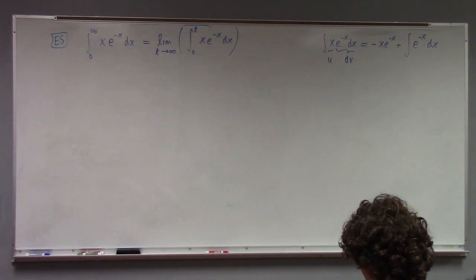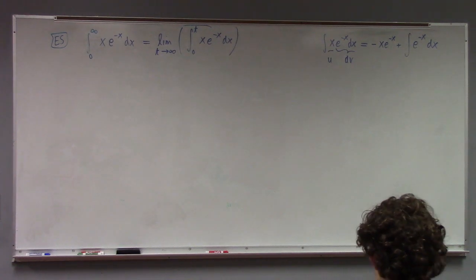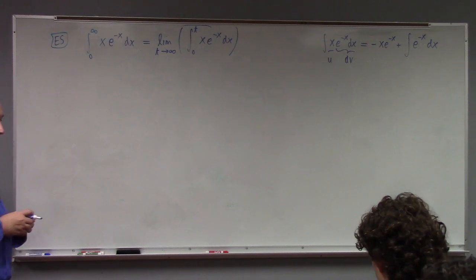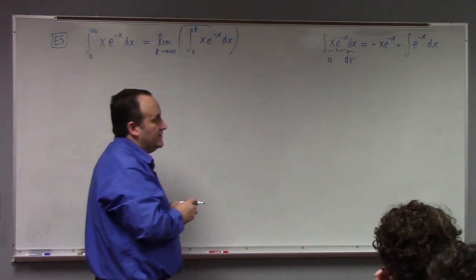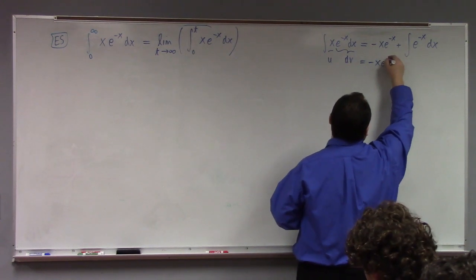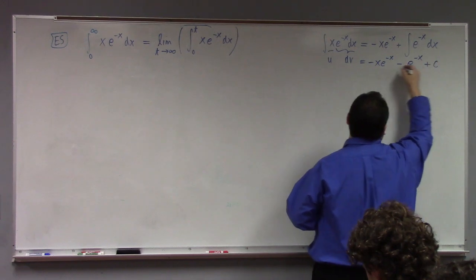Because our u is x, our du is dx, our dv is e to the minus x, which makes v minus e to the minus x. Minus and minus gives me a plus in the formula for integration by parts. So the answer is minus x e to the minus x minus e to the minus x plus a constant.